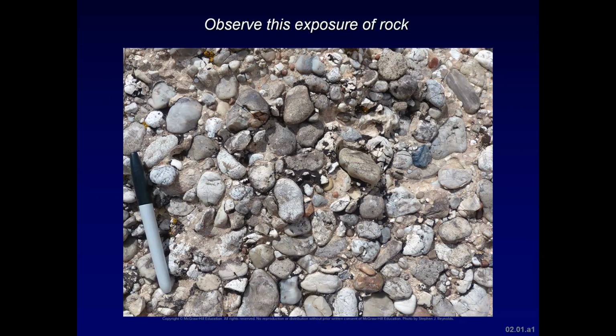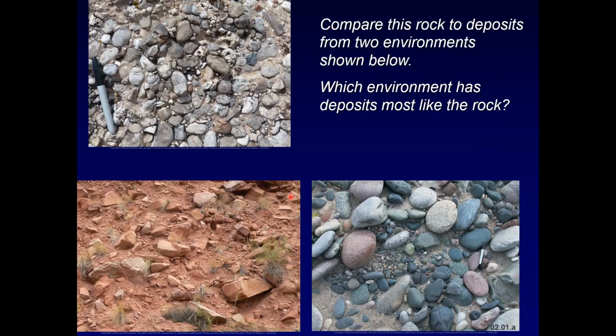Look at this exposure of rock. We have rounded sediment and, let's see, a little bit less, well, you have finer sediments and then larger sediments. So it's not what we'd call well sorted because there's a variety in sediment types and sizes.